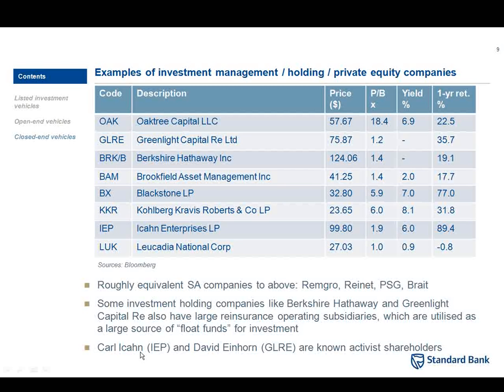Interestingly, both Carl Icahn and David Einhorn are considered aggressive activist shareholders, and both of them over the last year or two, for example, accumulated sizable holdings in Apple, and then badgered management or the board of directors to return some of the cash mountain that Apple has to shareholders through higher dividends and especially share buybacks.